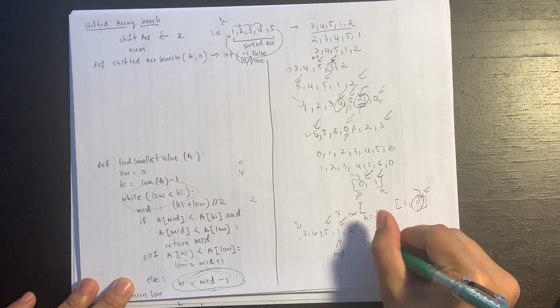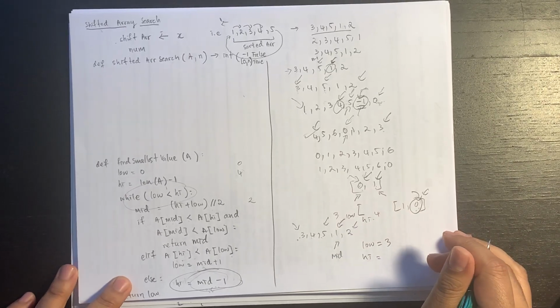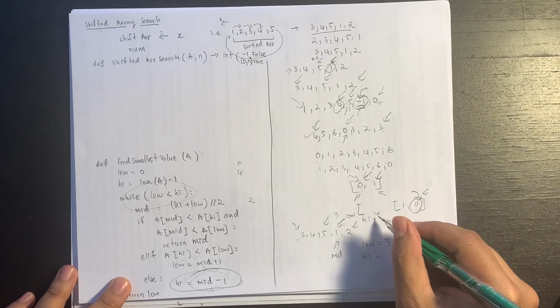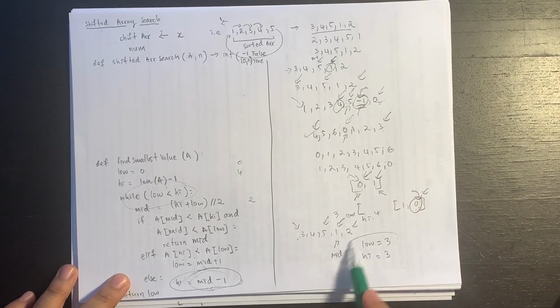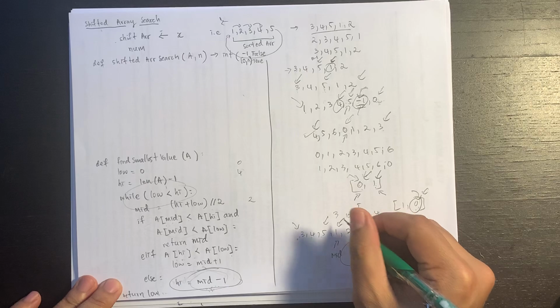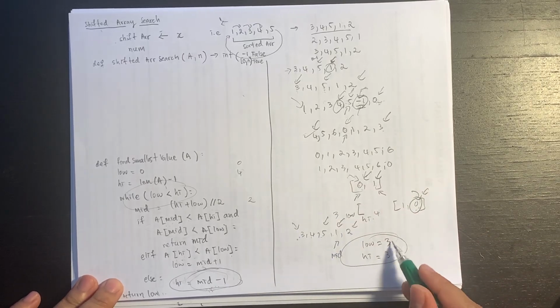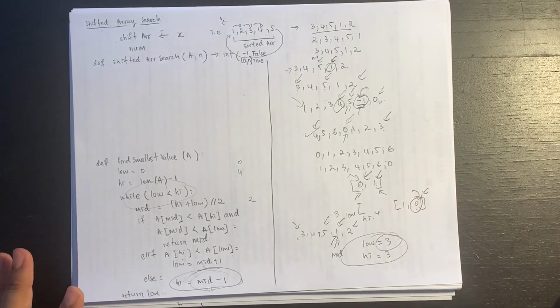So our low currently is equal to 3. High is equal to, initially it was 4, but since we subtract 1, now it's 3. So then low and high are equal to each other. This is going to break. So it's going to return low, which is 3. So it returns a correct index pointing to the smallest value.